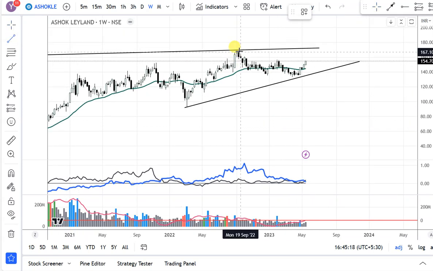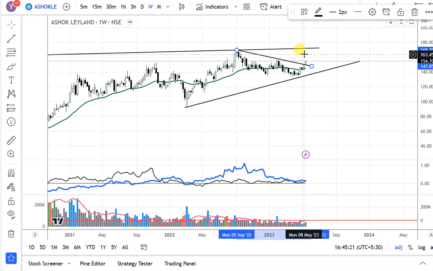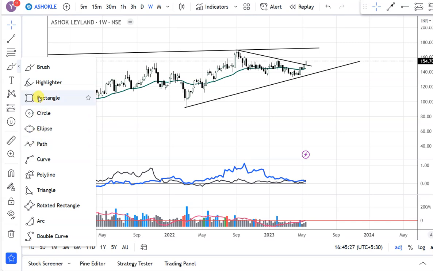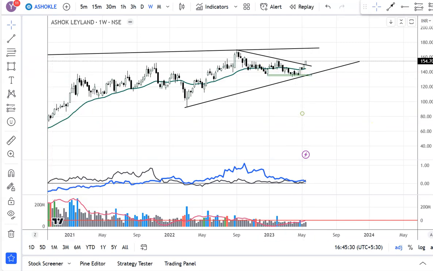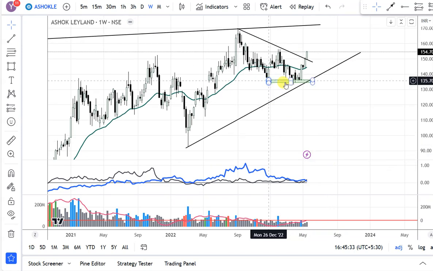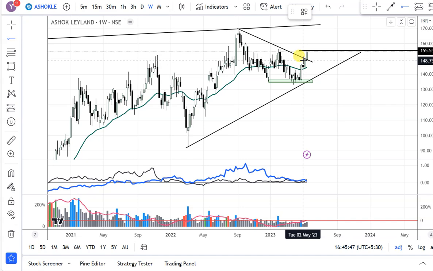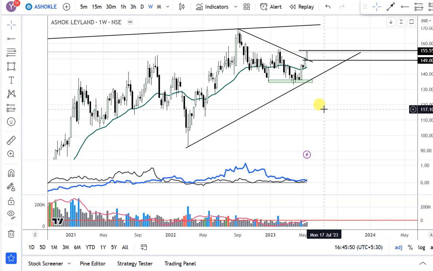So for the risky traders, let's see the risky traders. The stock has made a nice double bottom and breakout of the trend line. So one can look for it. It looks bullish to me above 156 and weak below 149, and it can reach 170.